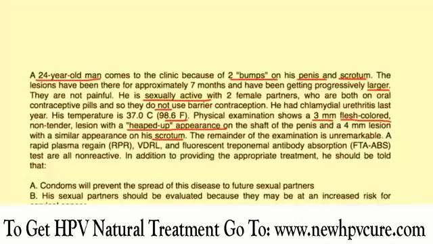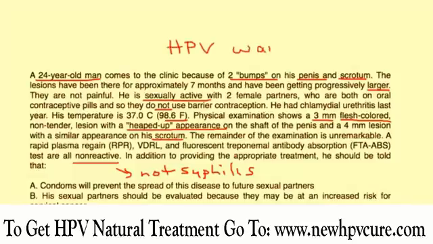RPR, VDRL, and FTA-ABS tests are all non-reactive. In addition to providing the appropriate treatment, he should be told that... Well, since these syphilis tests are all non-reactive, you know it's not syphilis. So, basically what we're talking about is an HPV-related wart.